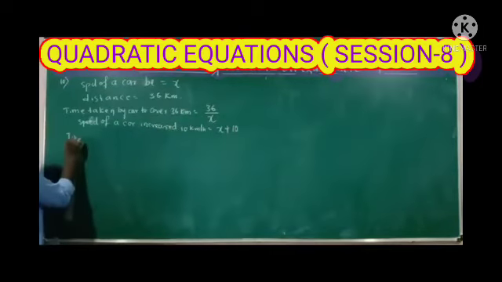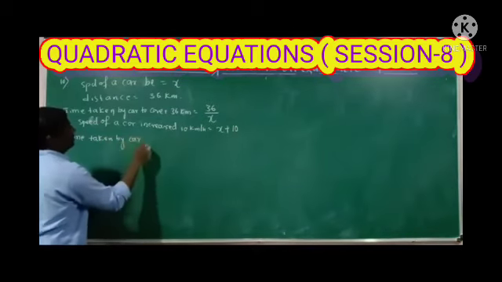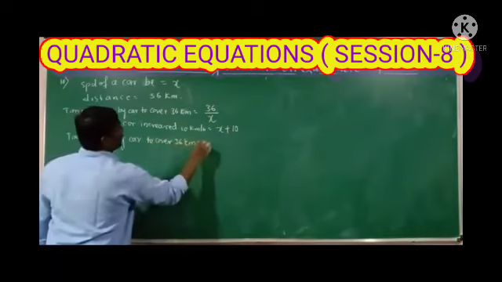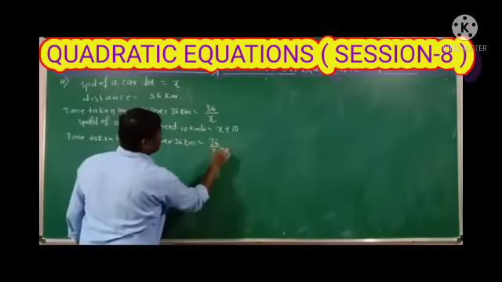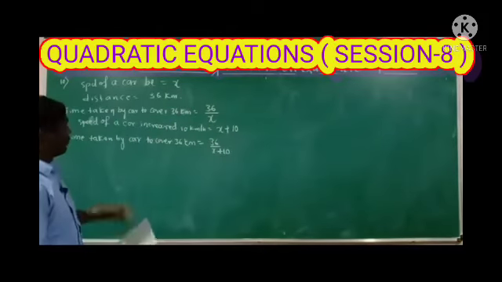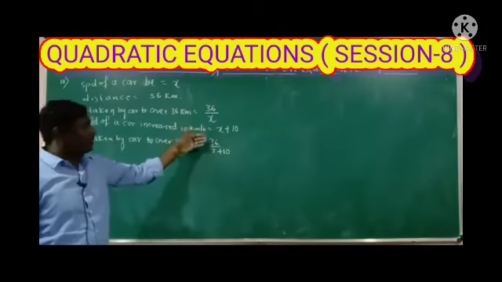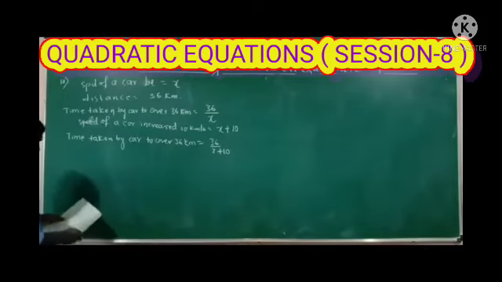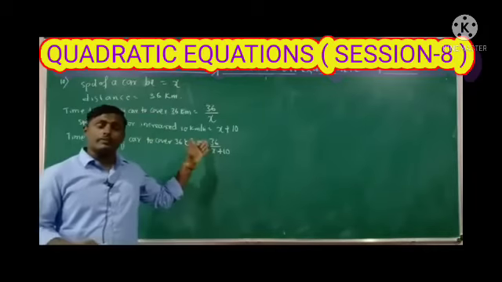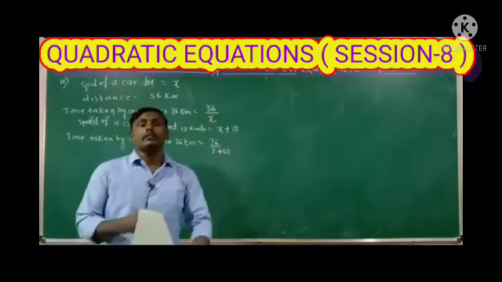Then how much time will it take? Time taken by the car to cover the same distance, 36 kilometer, is 36 divided by x plus 10. Here the speed is increased by 10 kilometer per hour. Okay. Now when the speed of the car is increased, it will take less time and it reaches 18 minutes before.